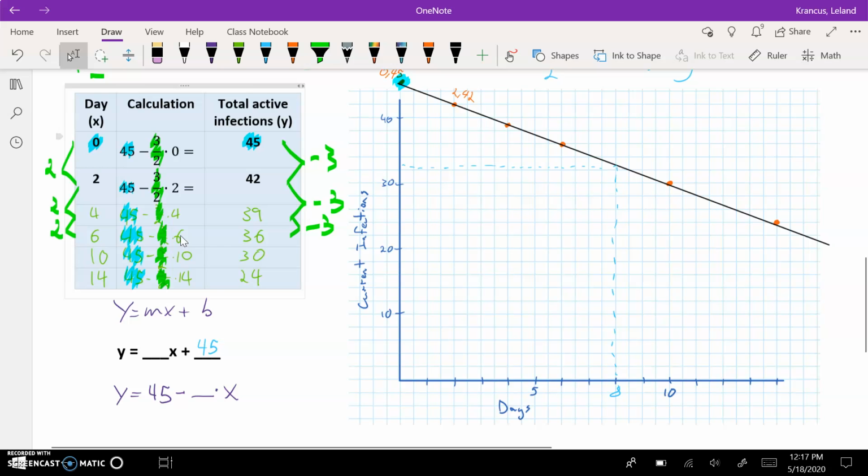And if my points aren't evenly spaced like that, so when I started counting by going up by 4 days, notice my infections go down by 6 over 4 days. Remember, 6 divided by 4 is equivalent to 3 over 2. I'm just looking at a longer span of time during which a larger number of infections resolved and went away.